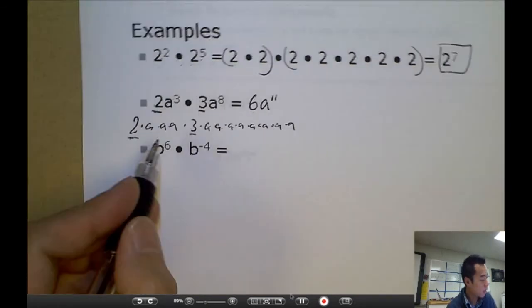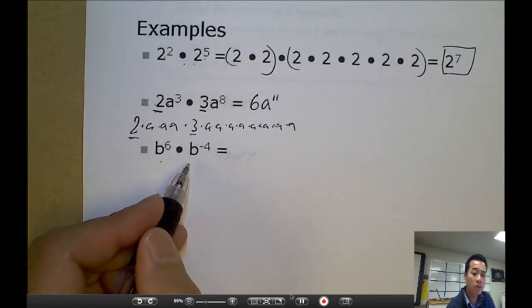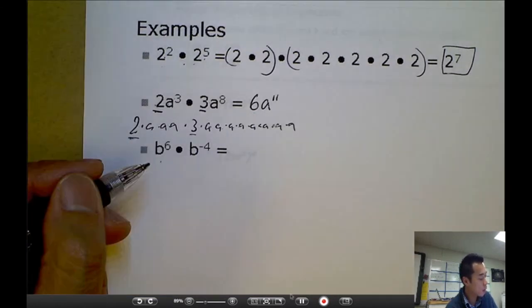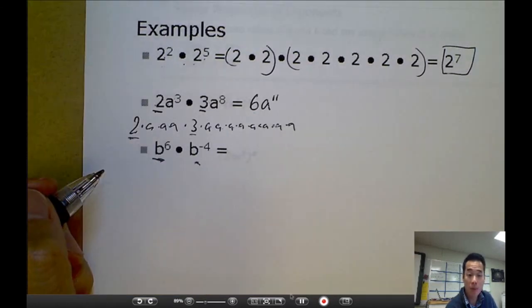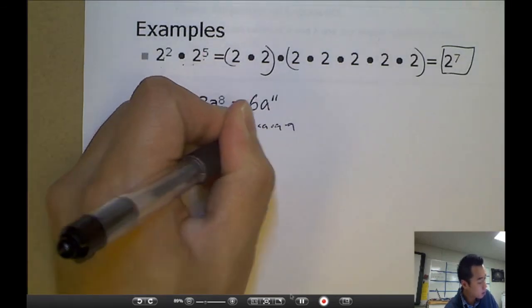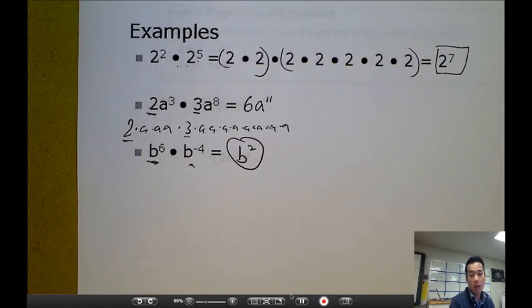The next one, I have b to the 6th times b to the negative 4th. We'll get into negative exponents in the next section, but b to the 6th times b to the negative 4th, they are the same base, so they're both integers, 6 and negative 4, so I'm going to add them, and b to the second power. Okay, and that's when you're multiplying exponents with the same base.